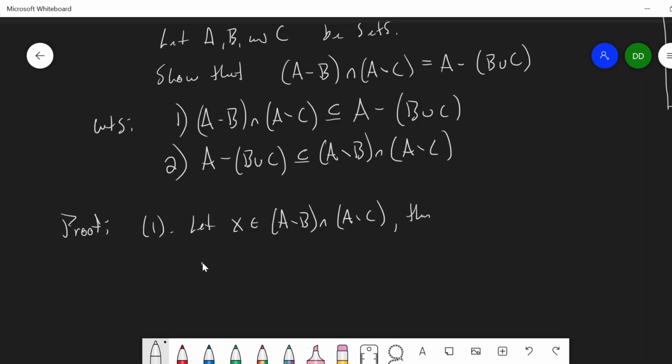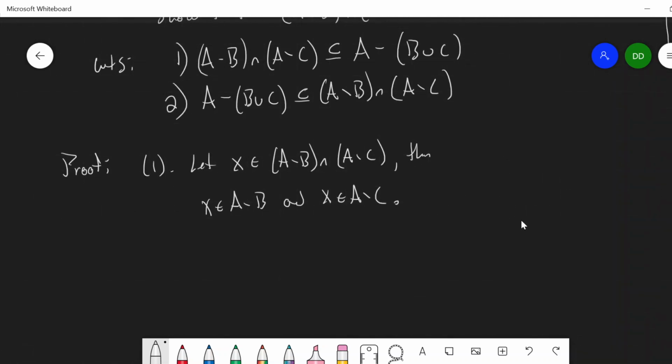Then x is in A minus B and, using the definition of intersection, x is in A minus C.